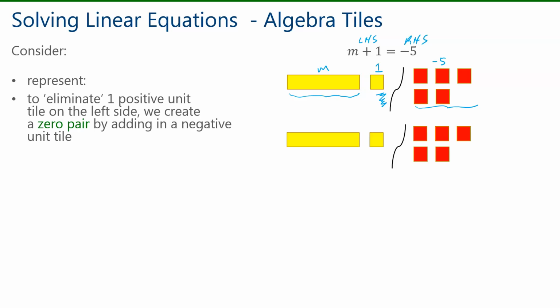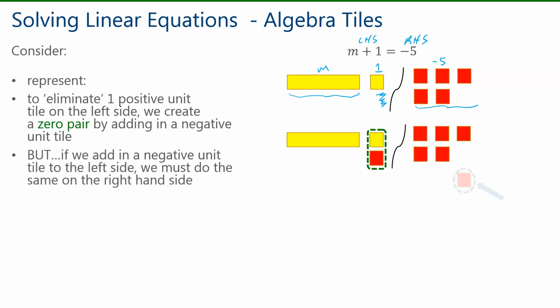What do we introduce? We have to introduce our 0 pair here. So to eliminate 1 positive unit tile on the left side, we create a 0 pair by adding in a negative unit tile on the left. There we go. Create the 0 pair. If I've added in a negative unit tile on the left, I must do the same thing on the right.